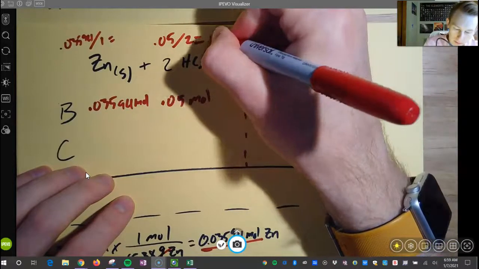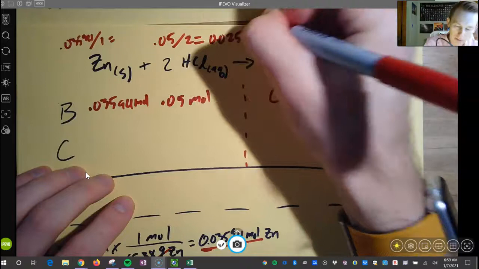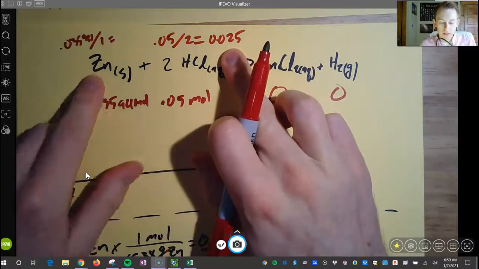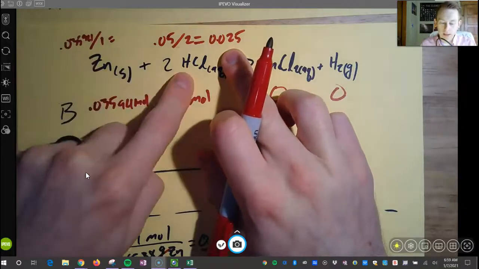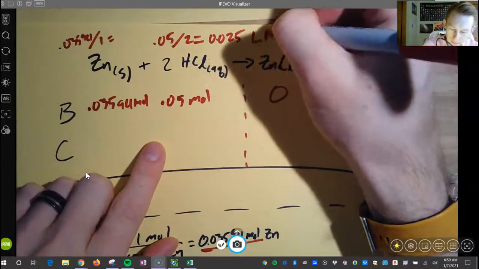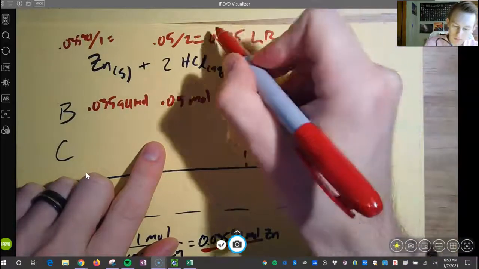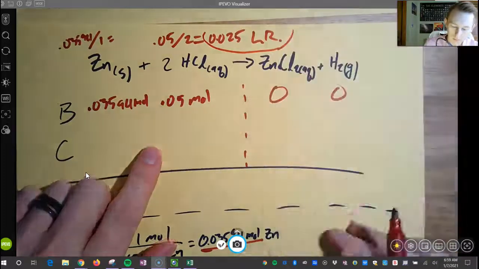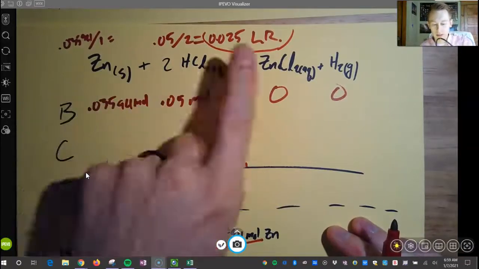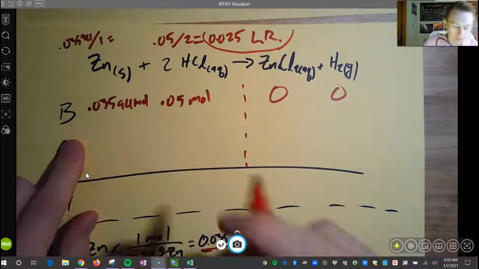So we end up with 0.025. So I can easily see that this one is going to get used up first compared to this one. So HCl is going to be my limiting reactant. And so I'm going to take this factor here, and that's going to be my multiplying factor that I multiply each of the coefficients by.